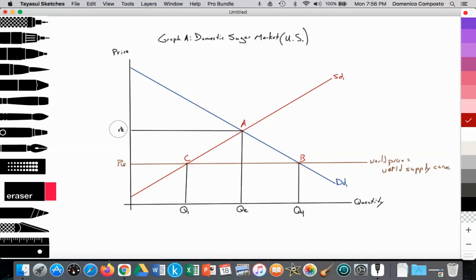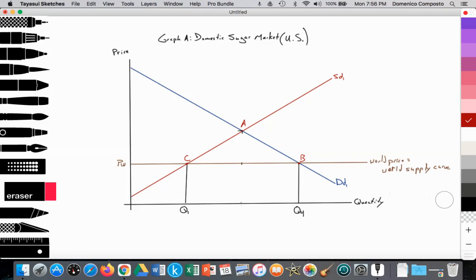And we can eliminate the equilibrium price. We don't need that for our graph. We're just using that to highlight that the U.S. domestic producers have higher costs of production, and thus the U.S. will be importing sugar as opposed to exporting sugar.